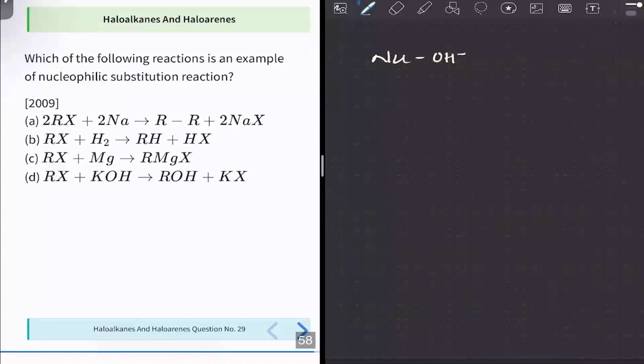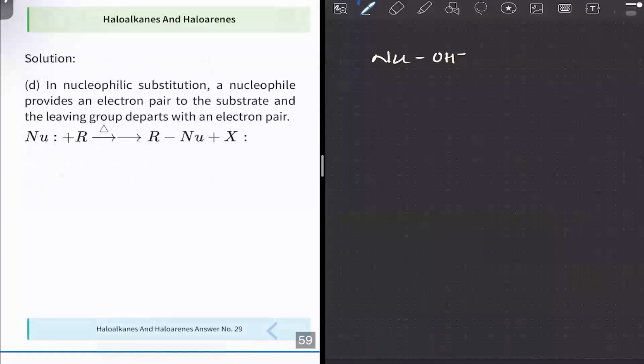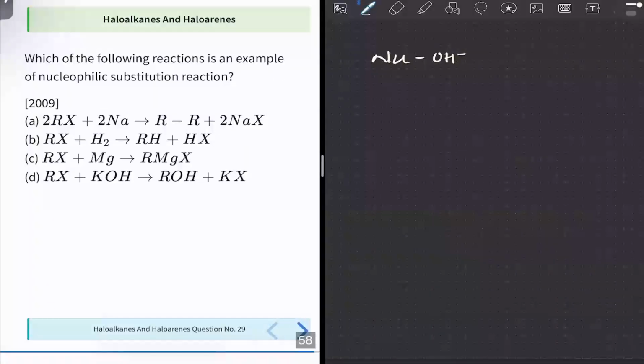So this was the last question of the session, question number 29. So we have solved 29 PYQs of this chapter, and we have almost covered all types of questions in this chapter.